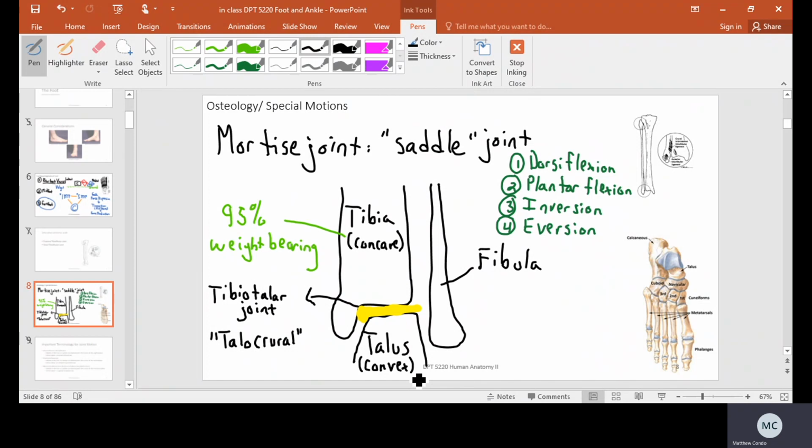Now, the reason that the talus is going to be the convex surface is if we look at a side view of the talus, and obviously this is a very rudimentary drawing.